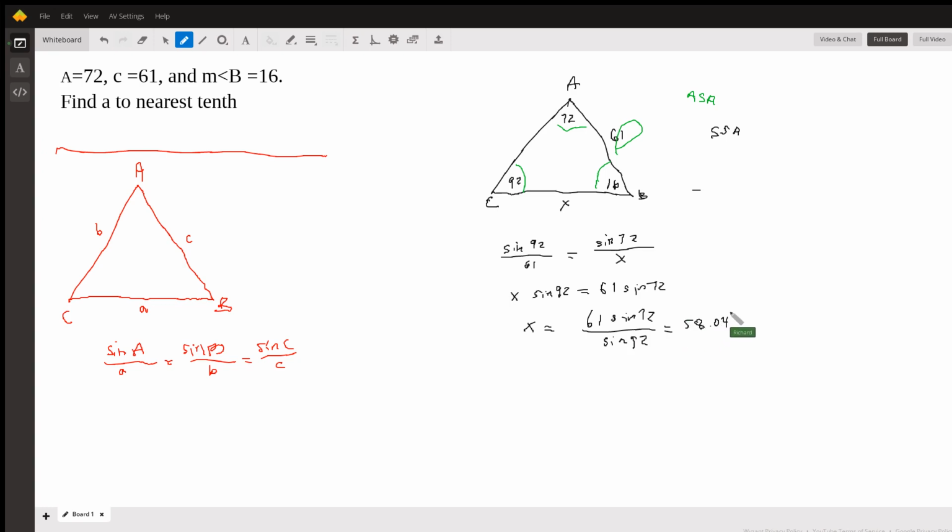We aren't given any units, so we don't know how long this was. 61 could be feet or meters or whatever. We haven't been given any rounding instructions, so I'm just going to round to something convenient. That would actually be 58.05. Let me go fix that. And we're done. That's it for this problem.